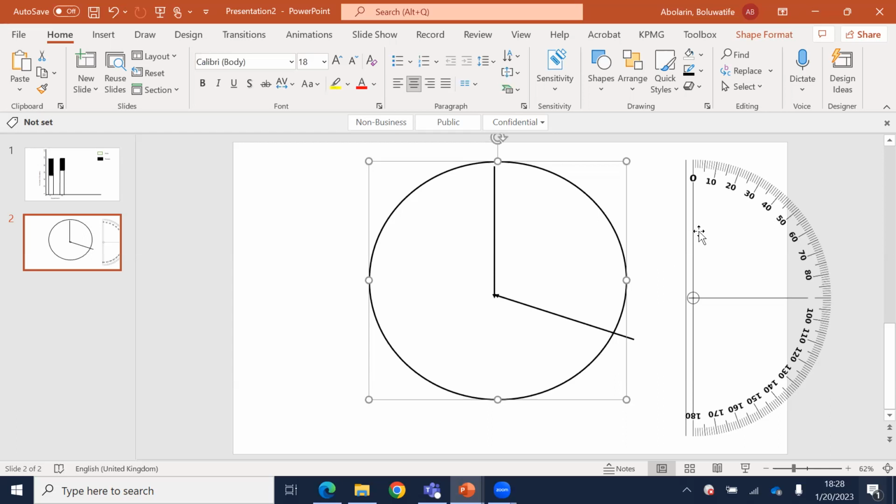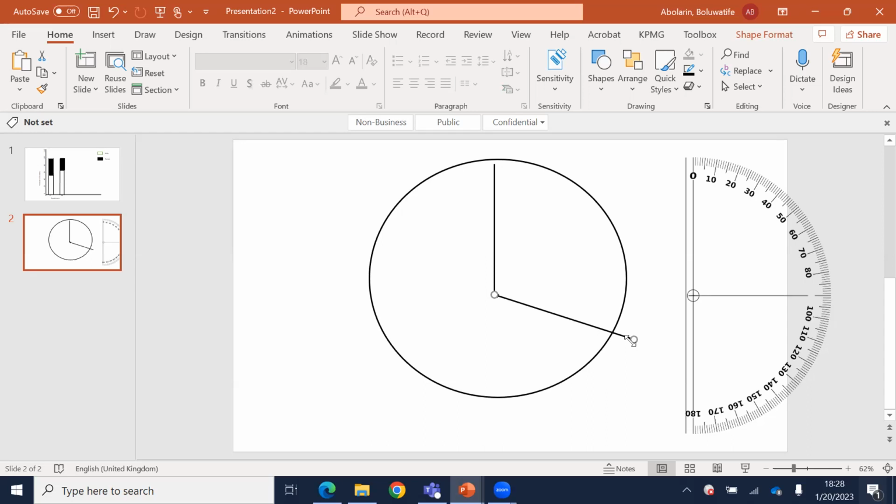Just make sure you place it in the middle. And make sure this arrow is inside the circle. Also show it's inside the circle. So now this is our what? 108.